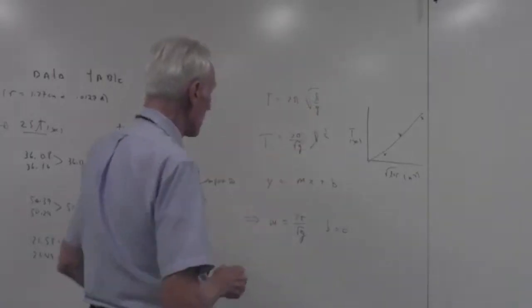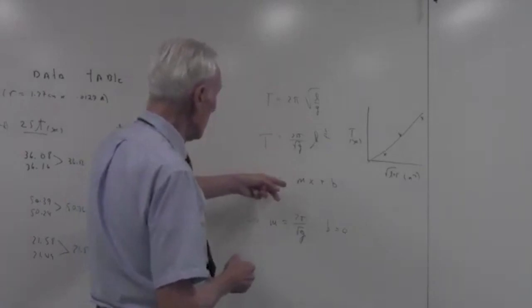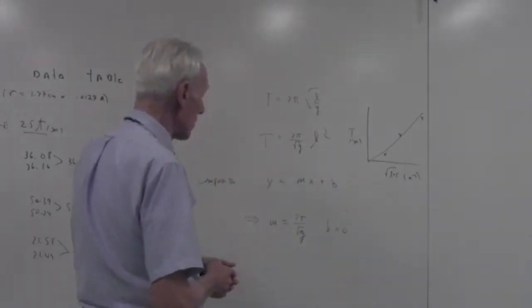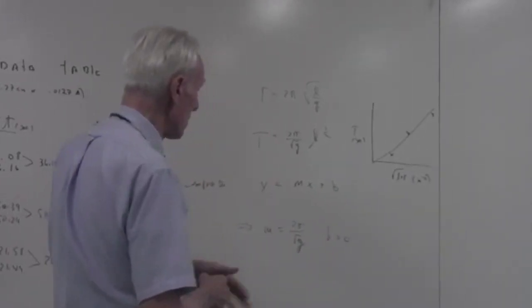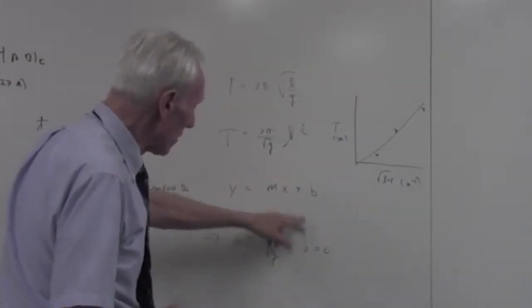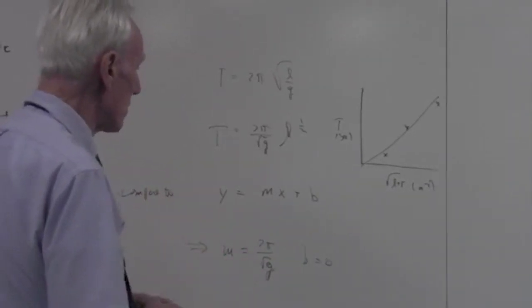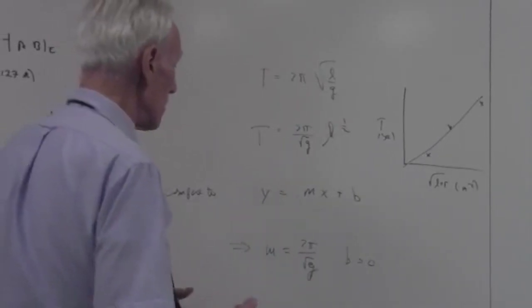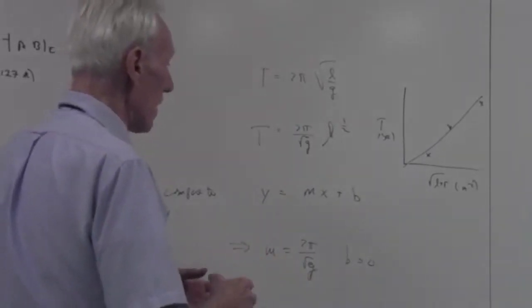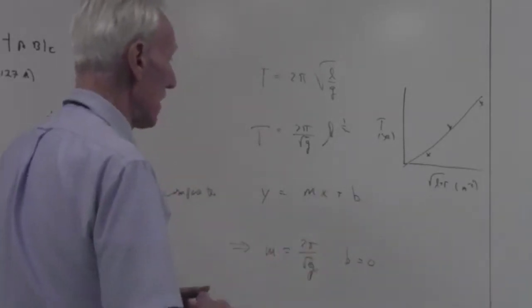X is the square root of the ideal simple pendulum length, and m is the slope of this curve, and b is the y-intercept. And of course, a zero-length pendulum will have a zero intercept. So you can check your data by looking at how close your y-intercept, your time intercept, is to zero. A zero-length pendulum would have a zero period, of course. So if you're off a little bit, like 0.001 seconds or something, that's because it's data.